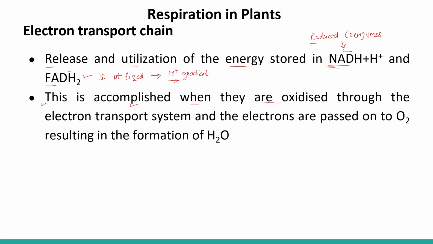The proton gradient is achieved when the reduced coenzymes are oxidized through the electron transport system, and the electrons are passed on to oxygen, resulting in the formation of water. This is known as terminal oxidation. So what is terminal oxidation?